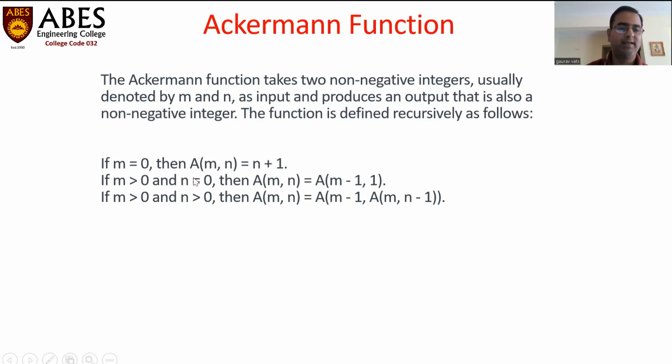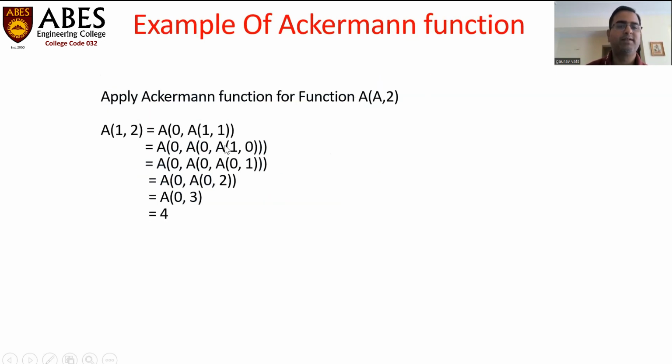Look at this, it is following the second condition. So 1 minus 1 is 0, and the value of n is 1. So the resultant of A(1, 0) will provide you the answer A(0, 1). Now in these three functions, we are having different resultants.